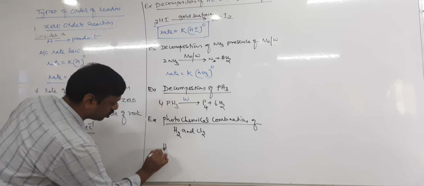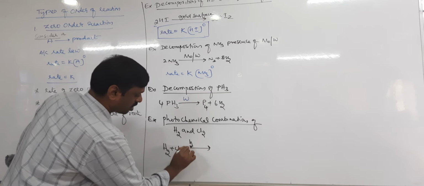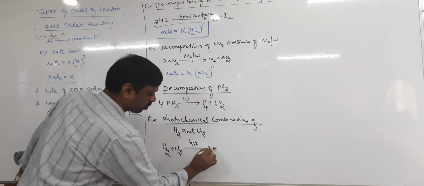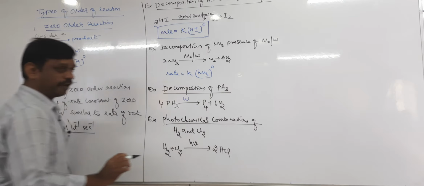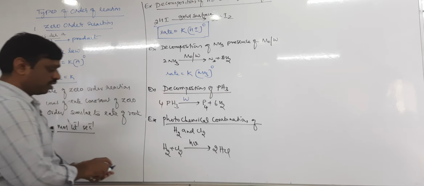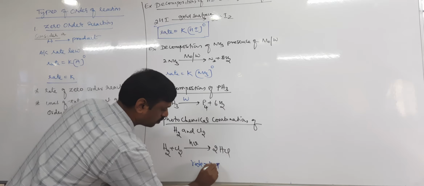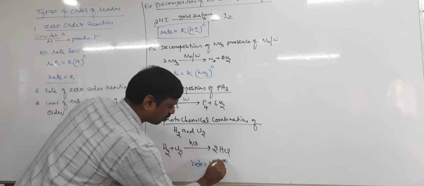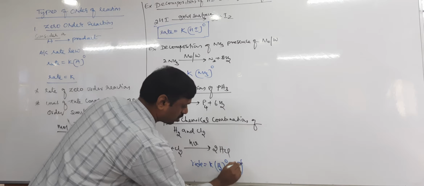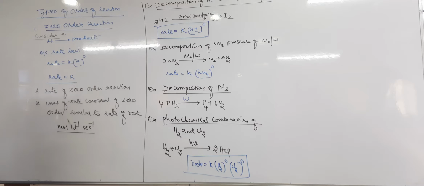Hydrogen and chlorine undergo combination reaction in the presence of usually h nu, and give 2HCl. So it is also an example of zero order reaction. What is the rate equation for this? Rate equal to K into H2 molar concentration power 0, Cl2 molar concentration power 0. Therefore, rate equal to K.